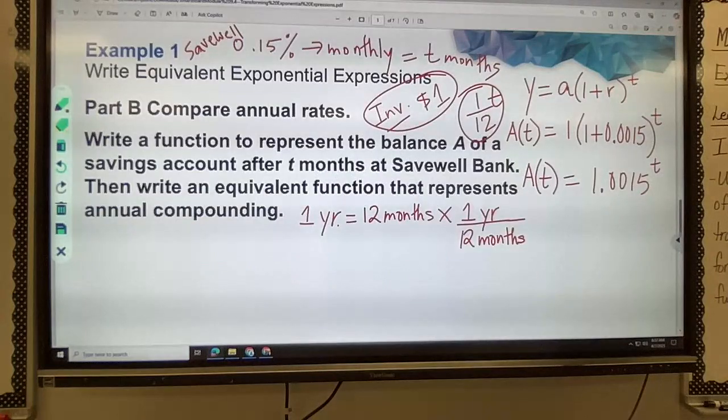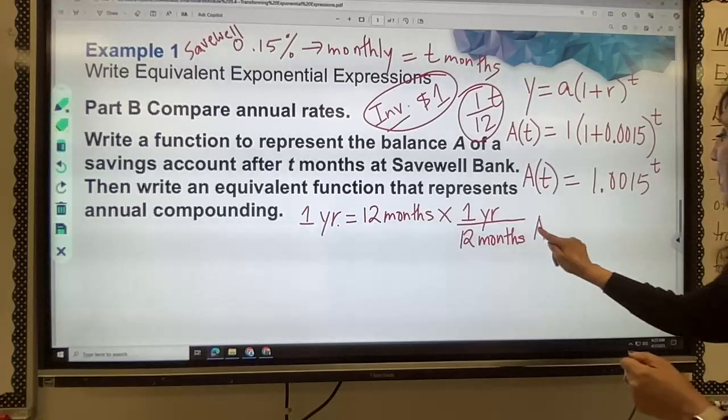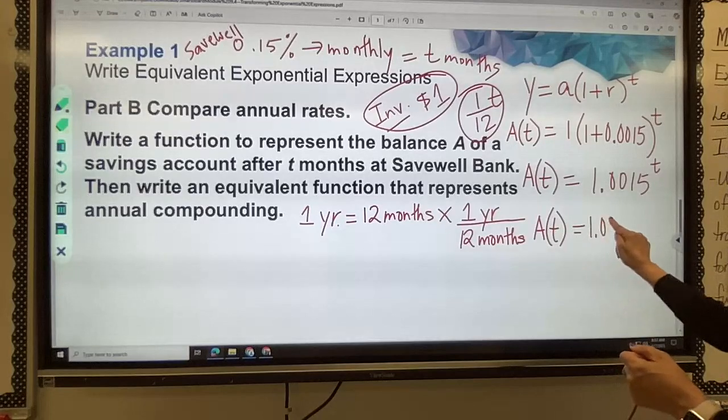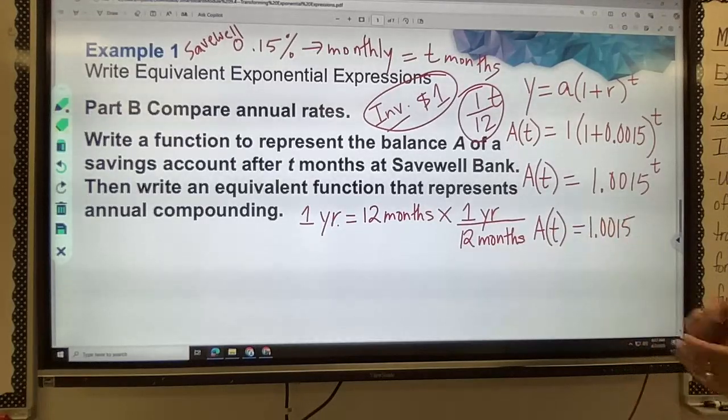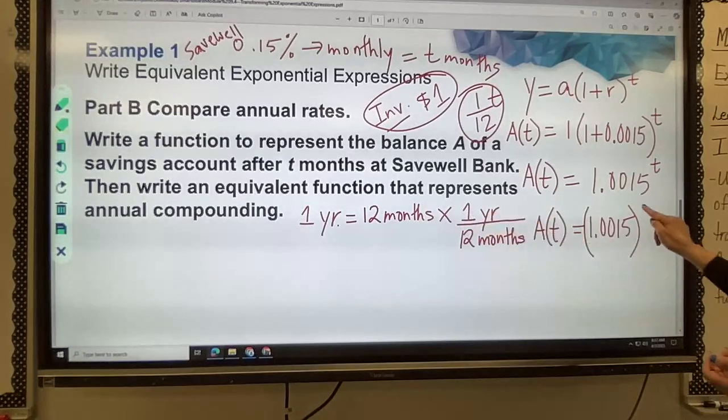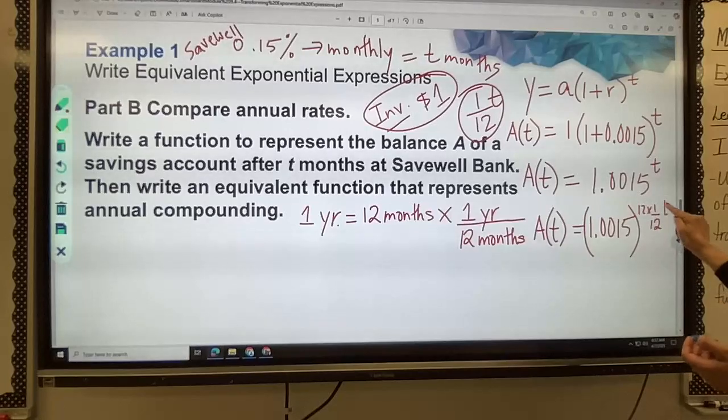Okay? So now what we are doing is a of t is equal to 1.0015. Okay, and so then we are using the same thing, 12 times 1/12 t, and this is what we are trying to get to.